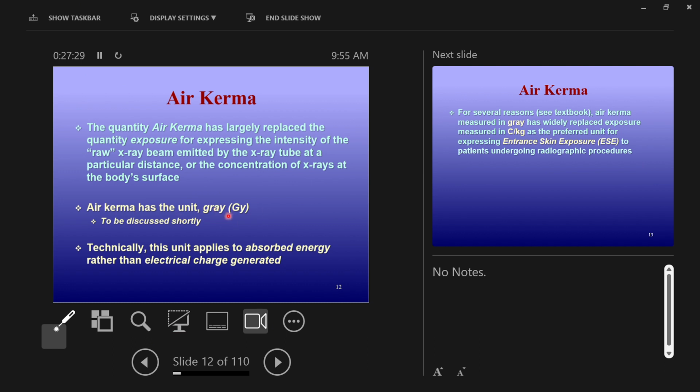If one cubic meter of air receives 1 coulomb of electric charge, that cubic meter of air has been exposed to 1 gray of radiation. And we would use the subscript A if we're talking about the exposure in the air. We haven't gotten to the body yet. We will get to the body.